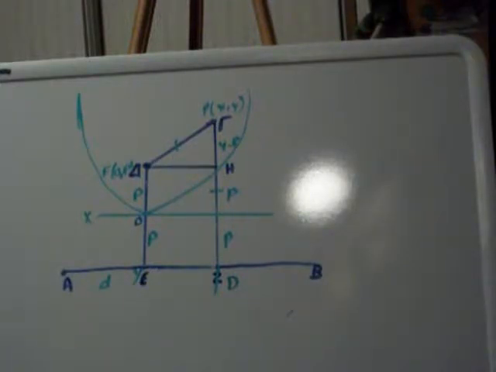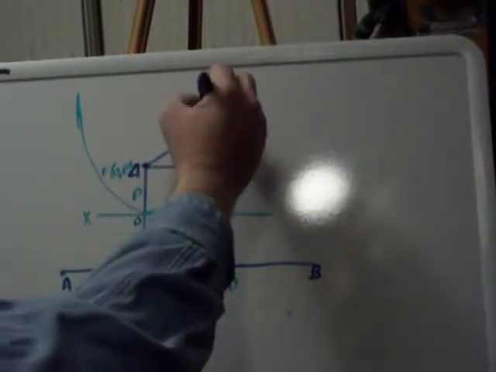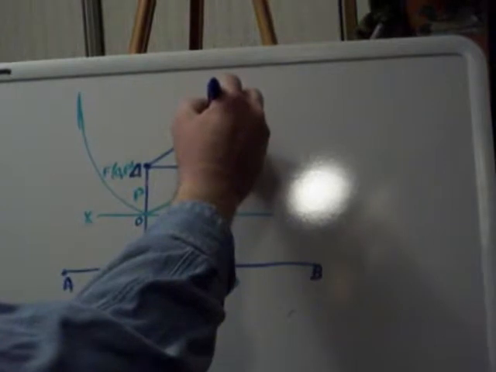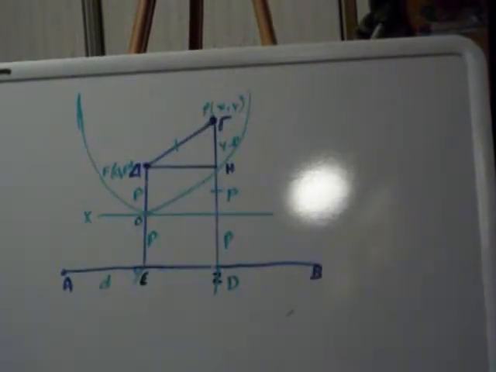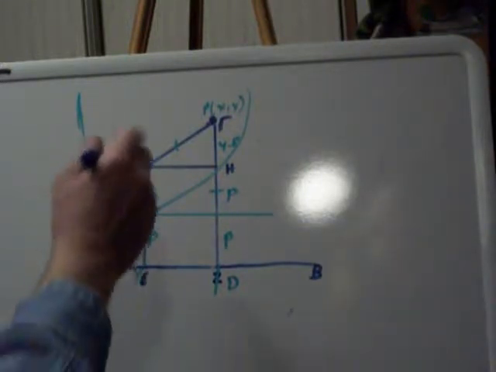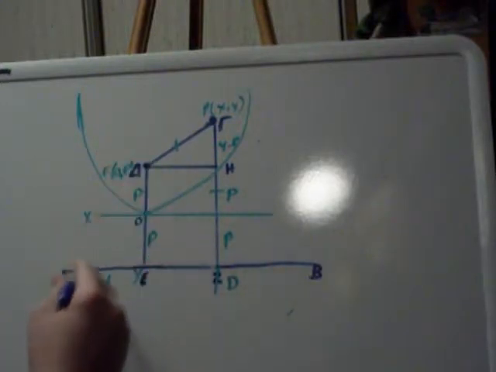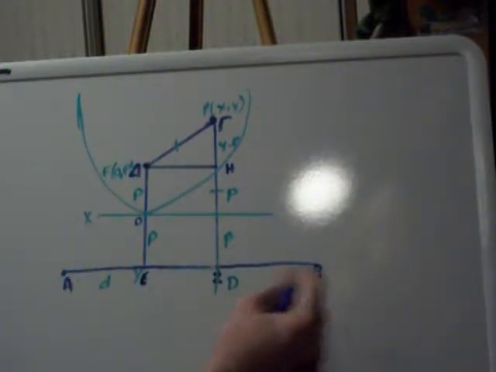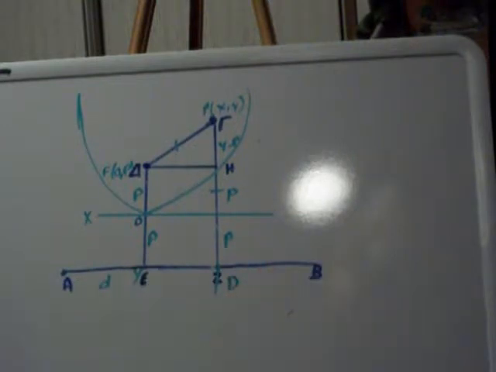Then P is a point on the parabola. So they're talking about this point right here. This is the point on the parabola. And this point is determined by not only this fixed point, which is F, but also this line, which is the directrix, which is also known as line AB, from Pappus Book 7, proposition 238.